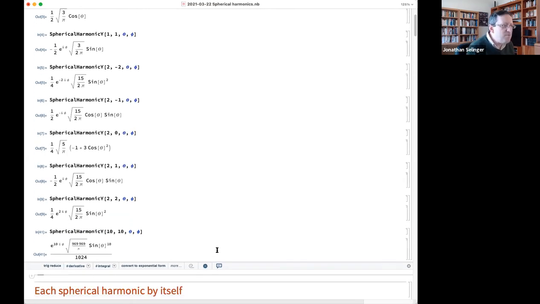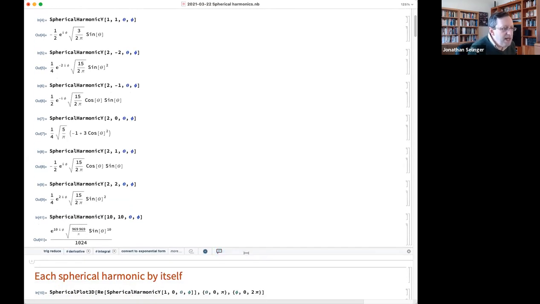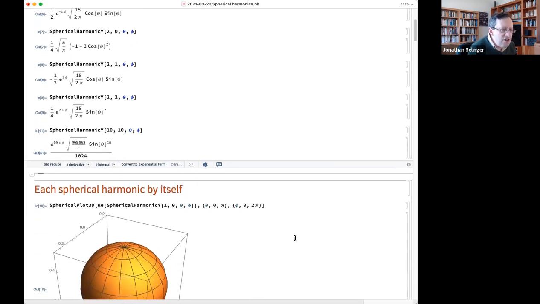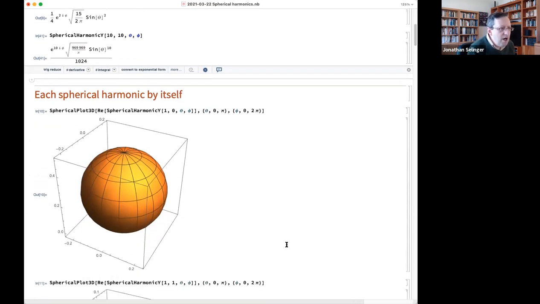What do these things look like? Okay. So we can plot each of these spherical harmonics. So, we need a way to plot functions of theta and phi. One conventional way is by making what Mathematica calls a spherical plot. Okay, so that means a plot where it draws a surface with the distance out from the origin equal to the value of the function that we want to plot.